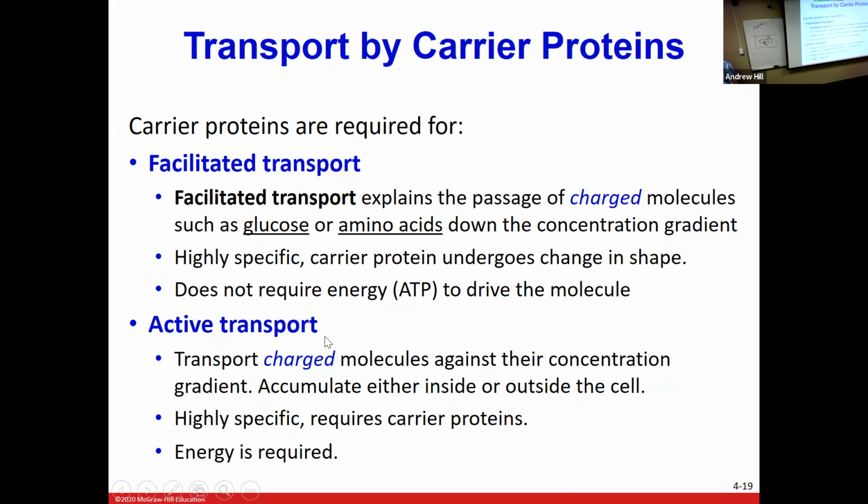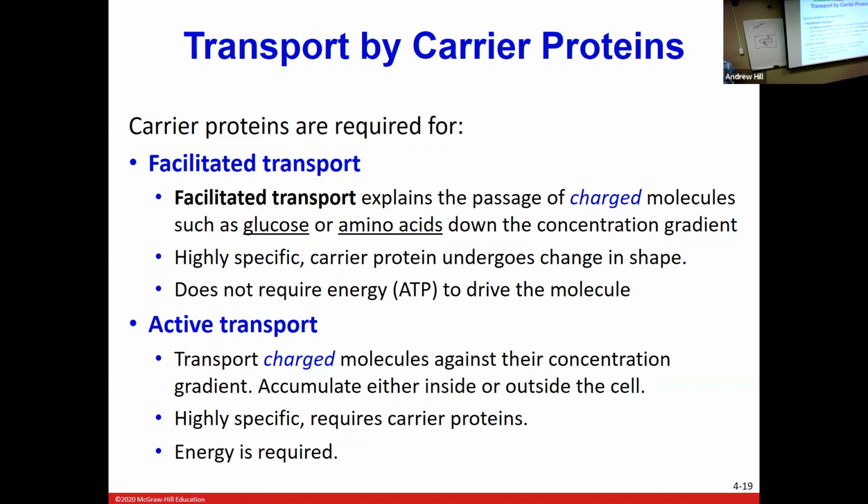Now, let's contrast to another kind of transport. You have active transport. This is where you transport something like a charged molecule or a large molecule across the membrane, and we can actually move it from an area of low concentration to an area of high concentration.